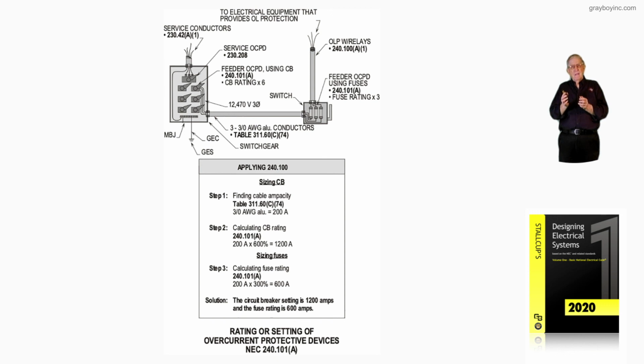But to the right, we have fuses, and the fuse system would be installed and selected in accordance with 490.21(B). So this illustration is simply illustrating those percentages based upon using a circuit breaker or fuse protective system.